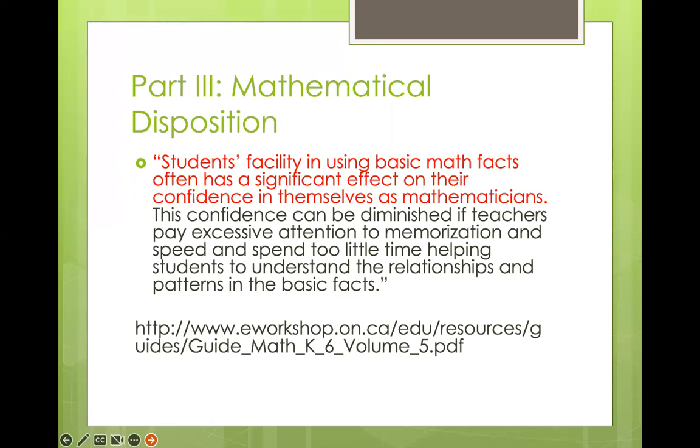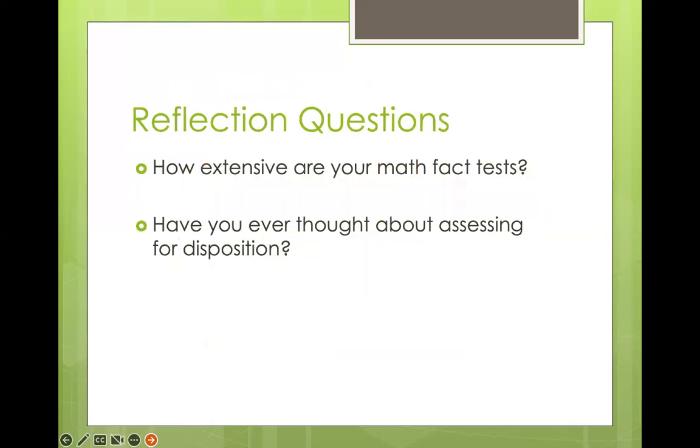Students' facility in using basic math facts often has a significant effect on their confidence in themselves as mathematicians. So I always ask people to think about, what are you doing right now in terms of math fact tests? And have you ever thought about assessing for disposition? Right. So that's really important. So that is the general overview.